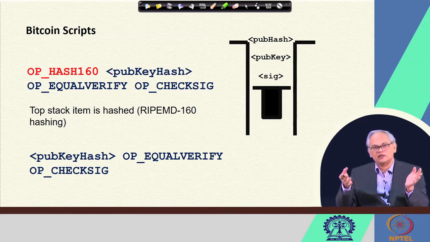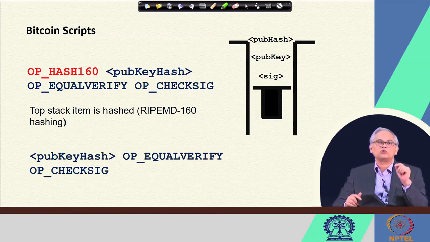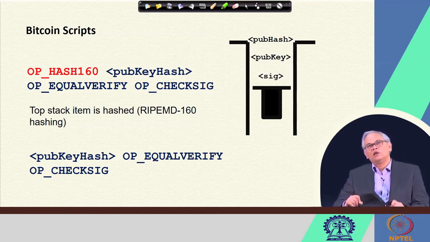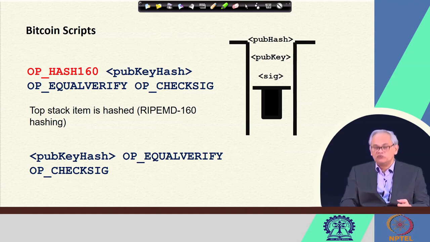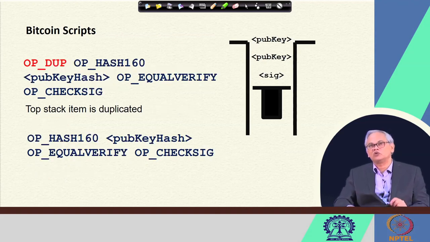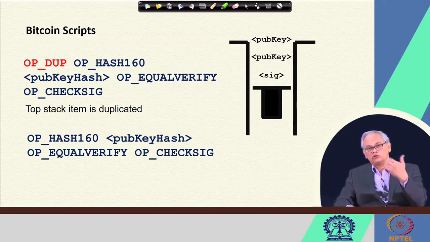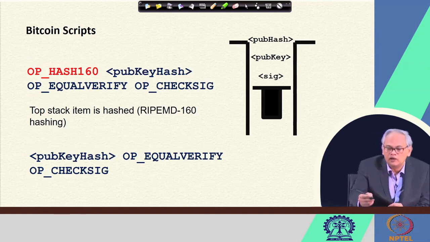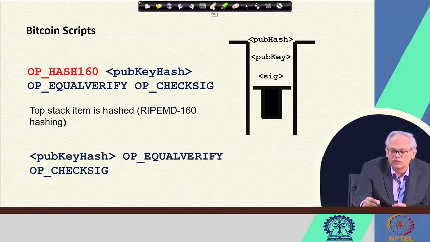There are different standards one can follow, and we are just talking about one particular standard, op hash 160, which will generate the hash of the top stack item. If you see here, the top stack item was the pub key, which was the duplicate of the previous top of the stack item. So, this op hash 160 will create the hash of the public key.